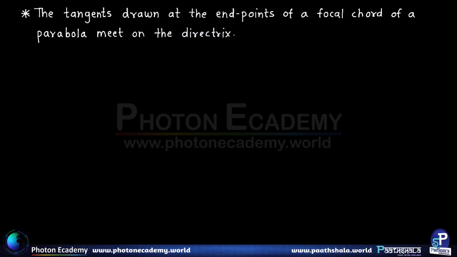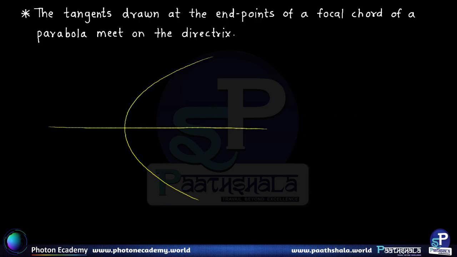Tangents drawn at the end points of a focal chord of a parabola meet on the directrix. So here if we have a parabola, and this is a focal chord.